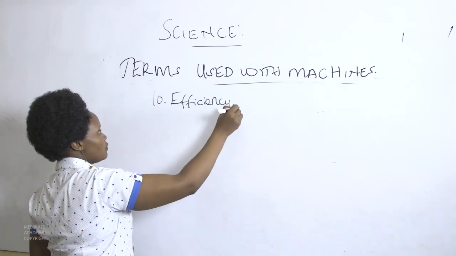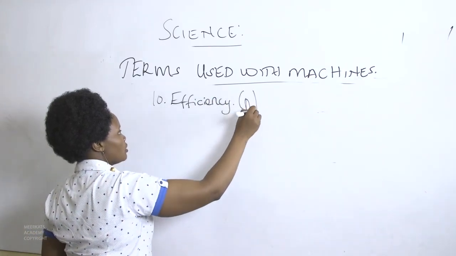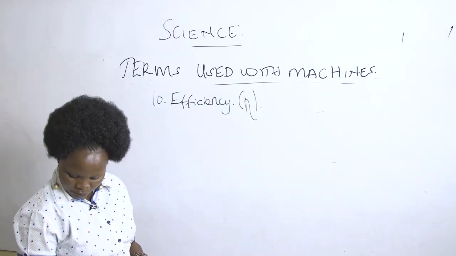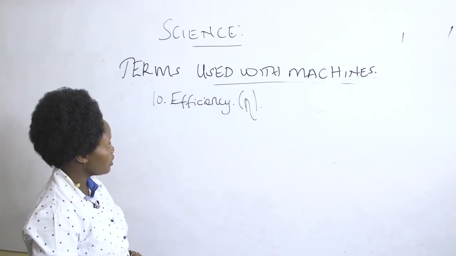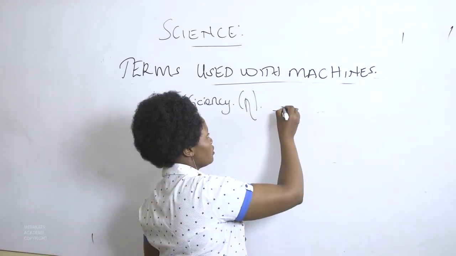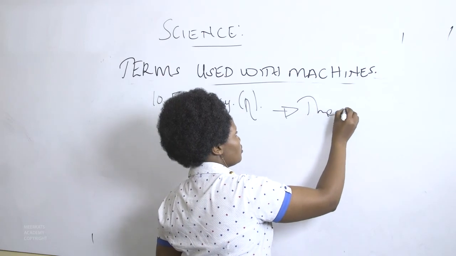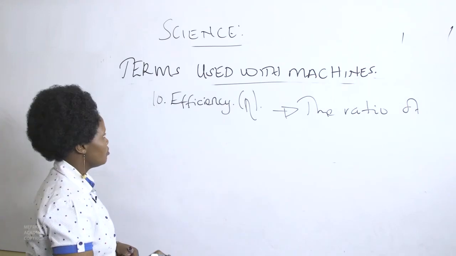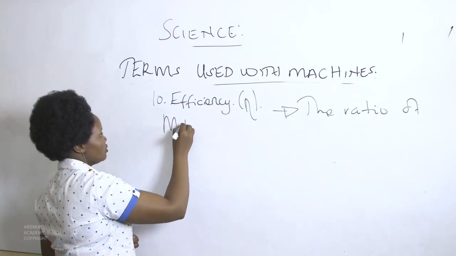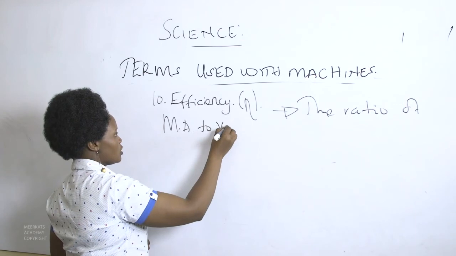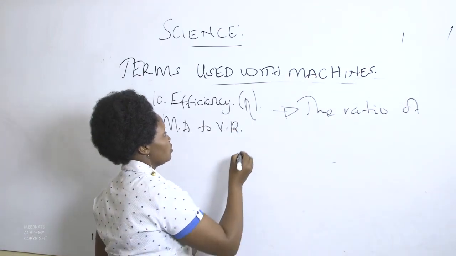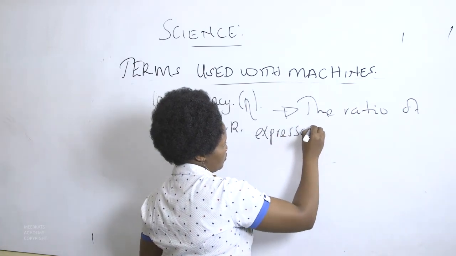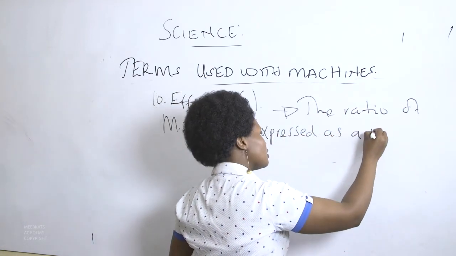The efficiency, symbolized by mu, and the efficiency is actually the ratio of mechanical advantage to velocity ratio expressed as a percentage.